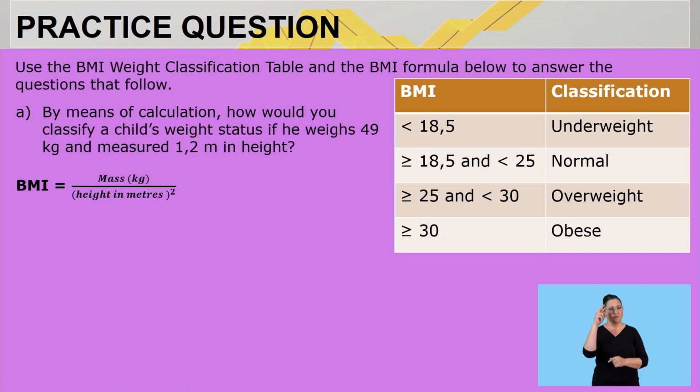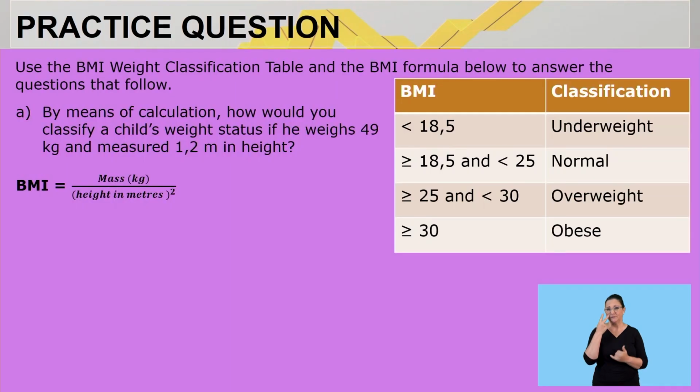Remember, in order to calculate body mass index, we take our mass in kilograms divided by our height in meters squared. Let's look at the classification table as well. Here's our BMI and there's the classification. Any BMI less than 18.5 will be classified as underweight.